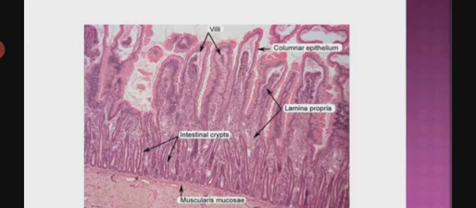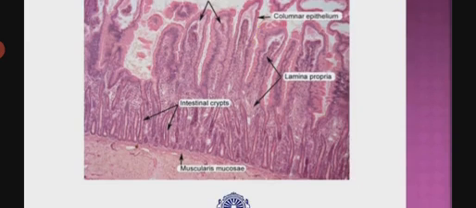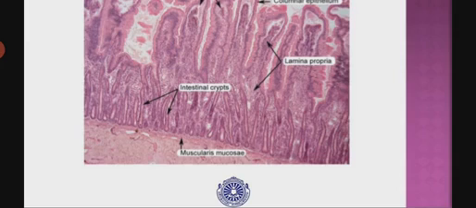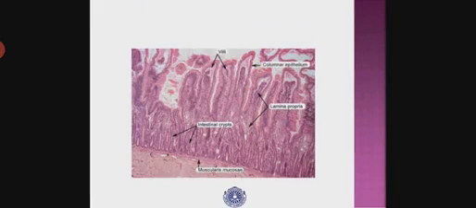You will be observing the different layers, like these are the microvilli and villi, and the foldings are called plicae circularis, and these are the intestinal crypts, the lamina propria and muscularis mucosa, and here the muscularis externa.